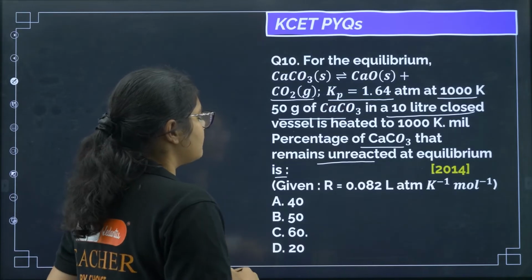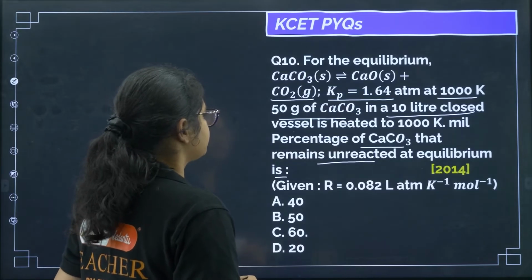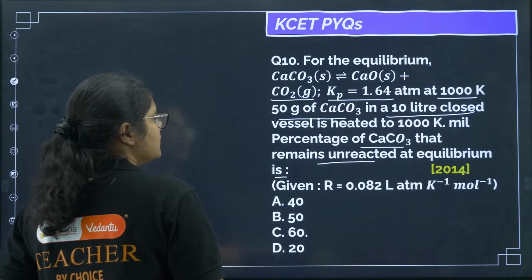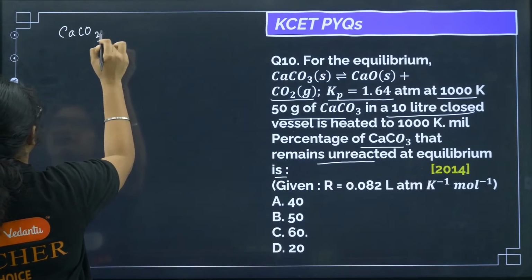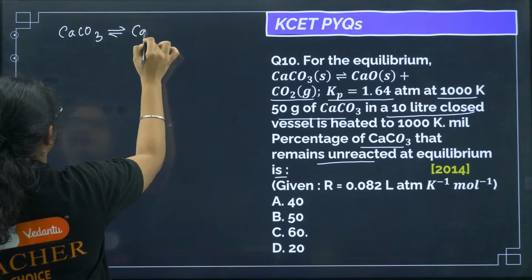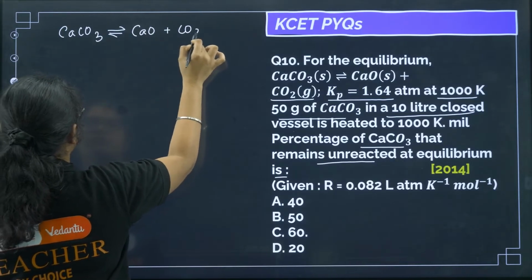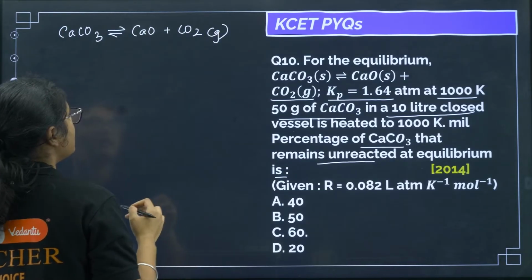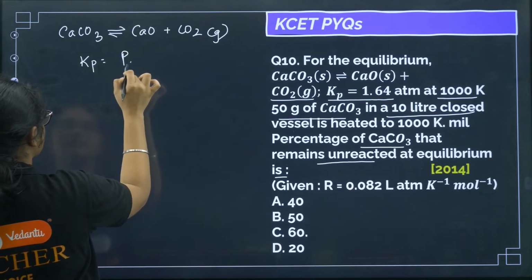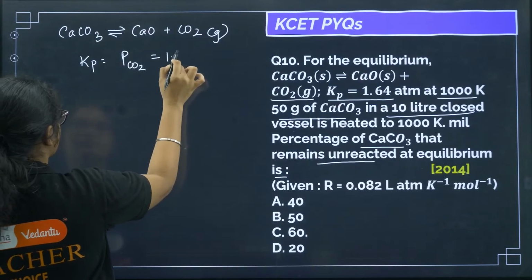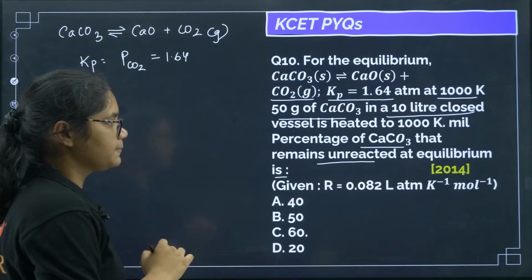So we have this equation, CaCO3 is giving you CaO plus CO2. This is gas, and these all are solid. So I can write Kp is equal to pressure of CO2, and that is equal to 1.64 atm.